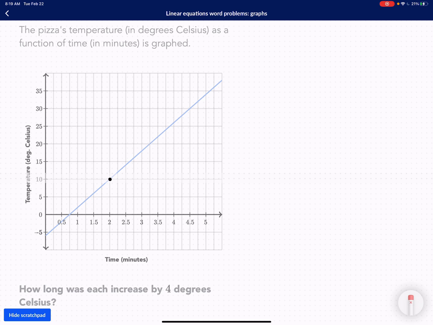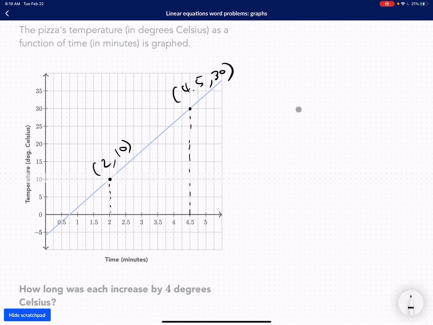Let's choose this point, and that is at 4.5. And this one is at 2. So that point is going to be (2, 10), and this point is going to be (4.5, 30).